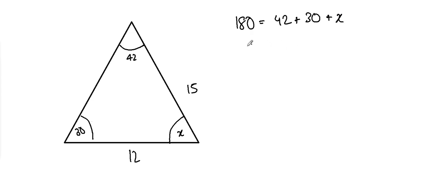Yes, I can write that, right? Okay, so let's solve this question. 180 minus 42 minus 30 equals x. Tell me, what does that become? 108? Good.